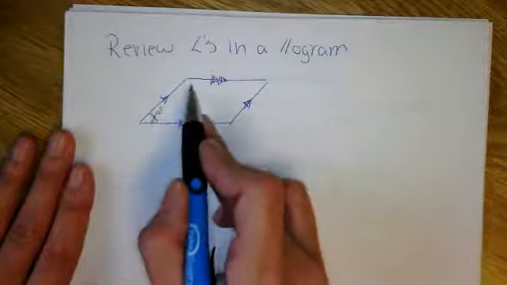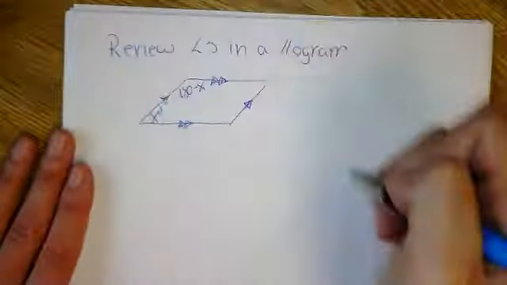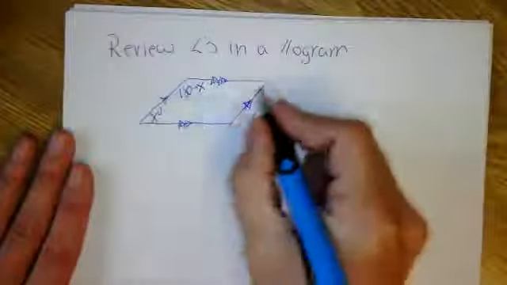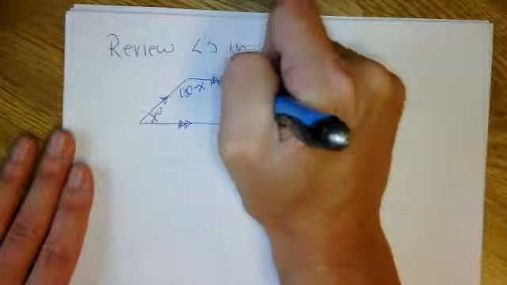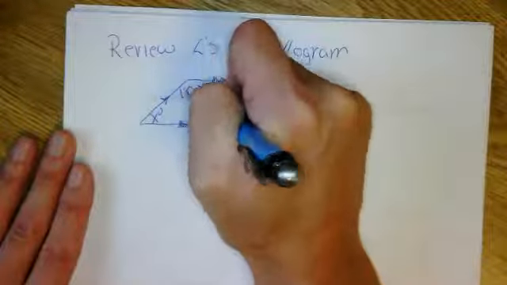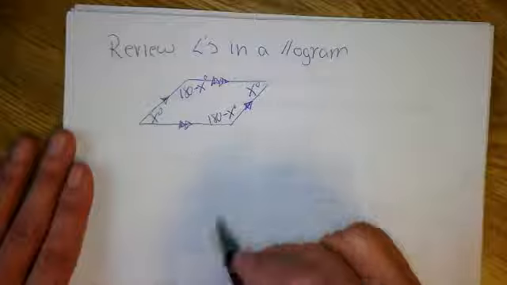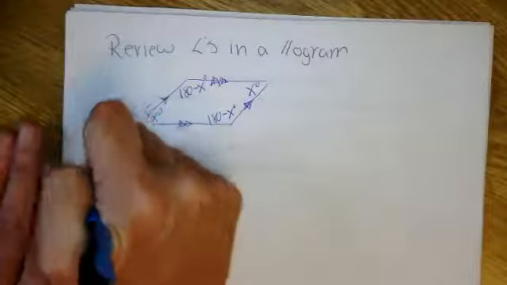So if you know one of them, the one next to it is 180 minus that value. And then the opposite angles are congruent. So these would match here, and these would match here. So remember, the two consecutives, no matter which way you go, are going to add up to 180. So keep that in mind as we do example 3.